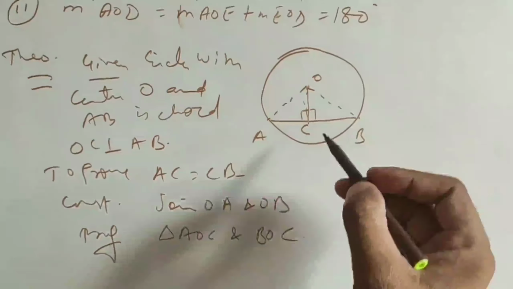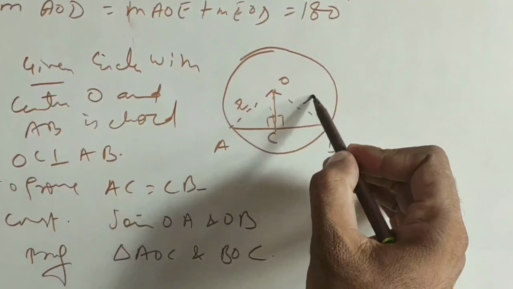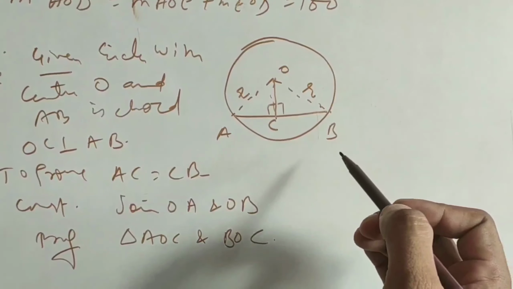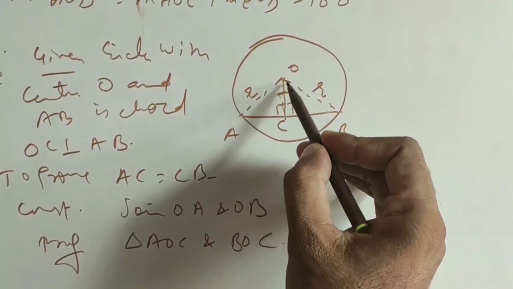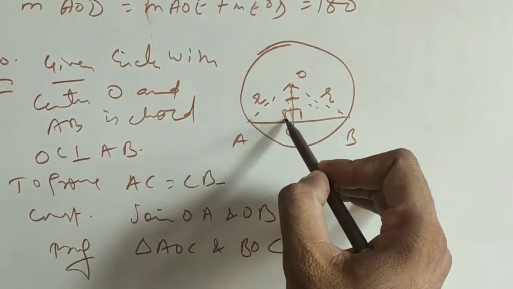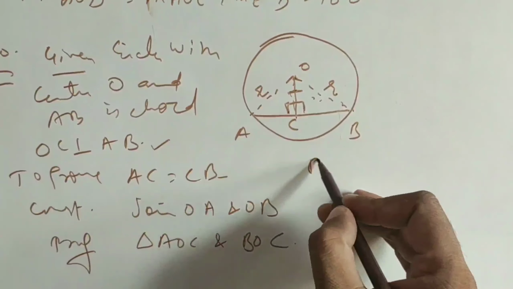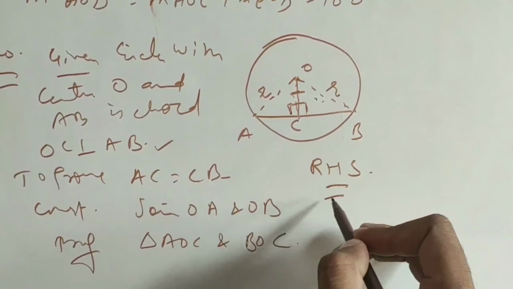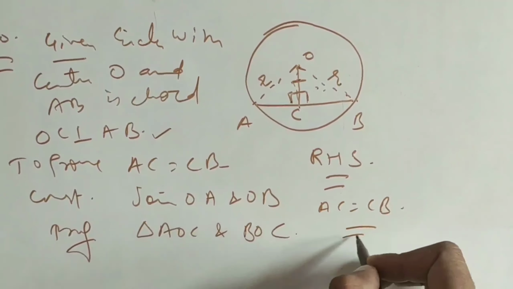These two triangles will be congruent because AO will be equal to OB, because these are radii of the same circle. This length OC is common to both the triangles, and these two angles are also equal because each is 90 degrees, because OC is perpendicular to AB. So the triangles will be congruent by RHS, and by CPCT we will have AC equal to CB.